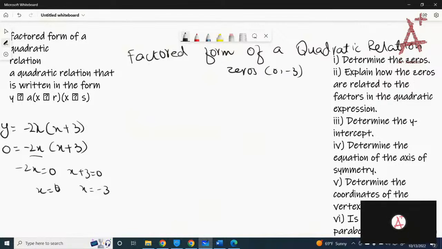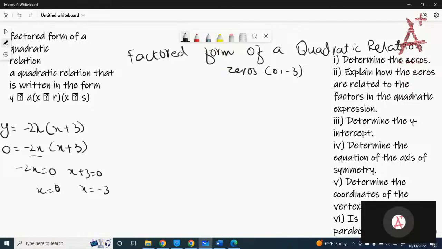Then the second one is explain how the zeros are related to the factors in the quadratic expression. The zeros are the values of x that make each factor equal 0. If one factor equals 0, then y equals 0, which means the value of x is a zero. Got it?